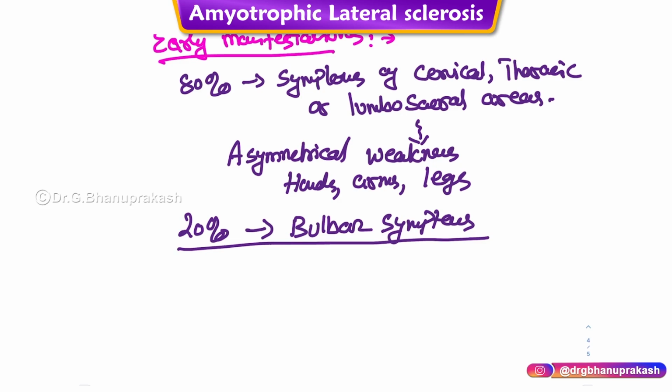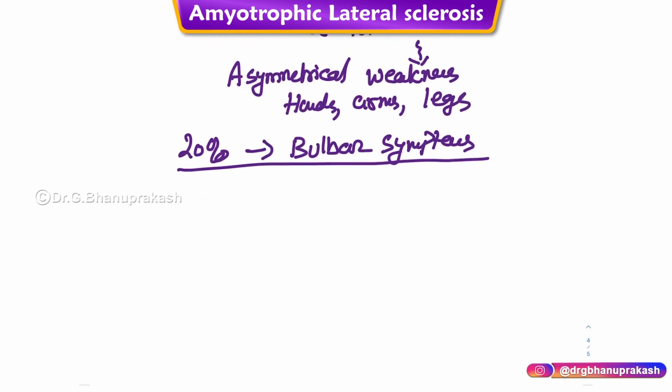In bulbar onset ALS, the brainstem lower motor neurons are damaged, and patients present with difficulty in swallowing and speaking, which we have already studied in bulbar palsy as well as pseudobulbar palsy. So remember, in the early manifestations, 80% start from the cervical, thoracic or lumbosacral areas, but only 20% of patients initially debut with bulbar manifestations. These are the early manifestations.